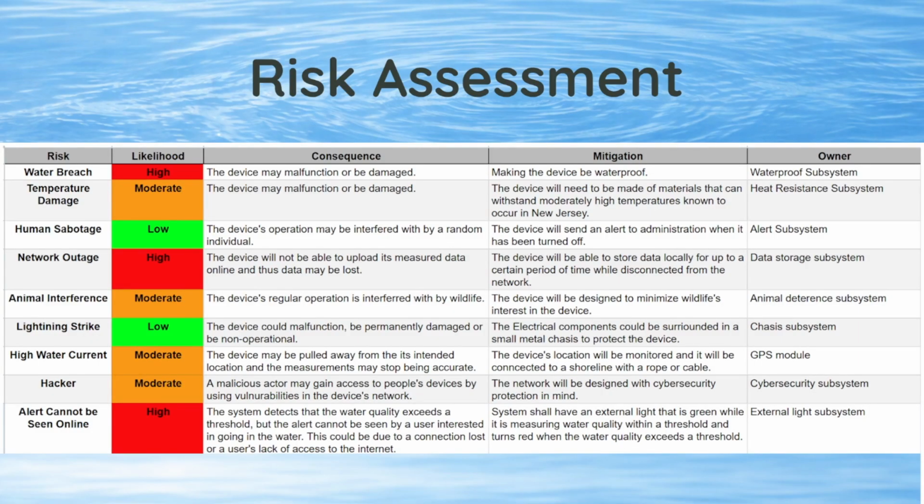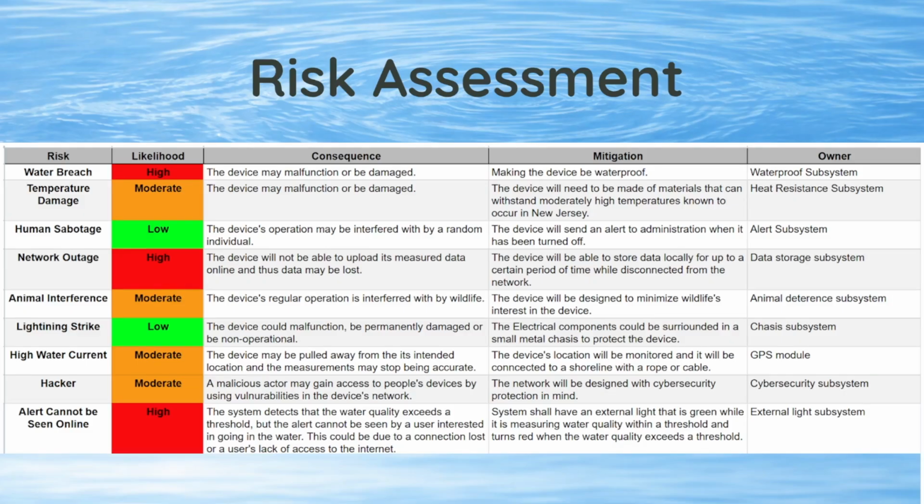And then moving into our risk assessment. At the PDR stage, our main risks involve environmental exposure, network outages, and alert visibility. We mitigated these risks through waterproofing, local data buffering, redundant communication paths, and an external visual indicator to alert users, even if the dashboard is unavailable. All risks have been assigned mitigation strategies and subsystem owners.